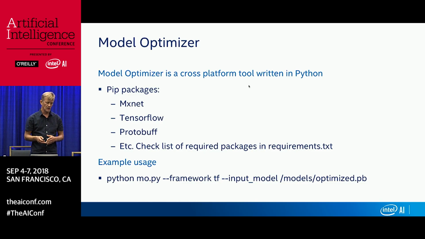You call the model optimizer script, providing the name of the framework which you're going to use, plus a path to the input model. In most cases, you will see a converted model as a result. In some cases, it may fail if it finds some unsupported layer type, but we have an extensibility mechanism which could be used to extend the support for layer types without waiting for our developers to add it.